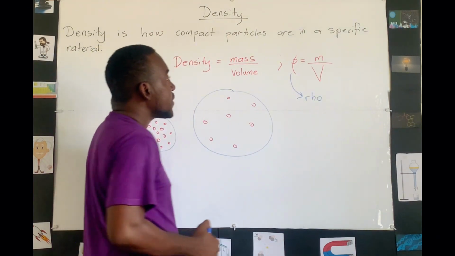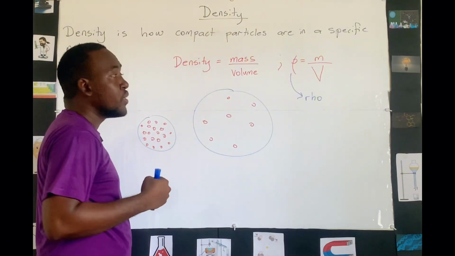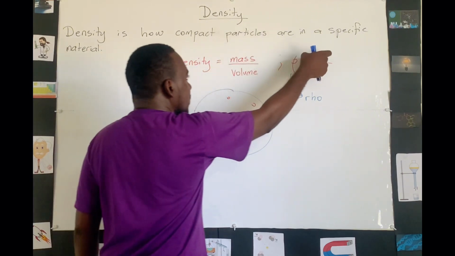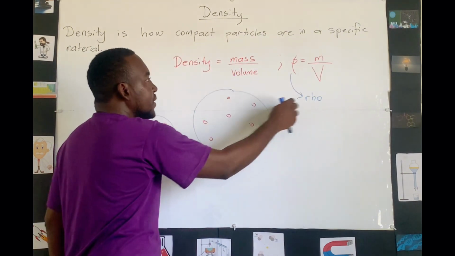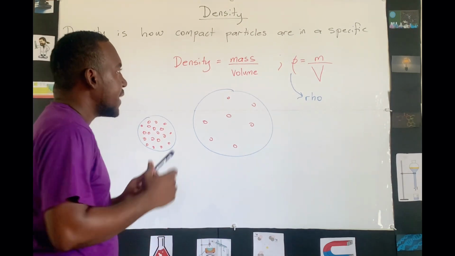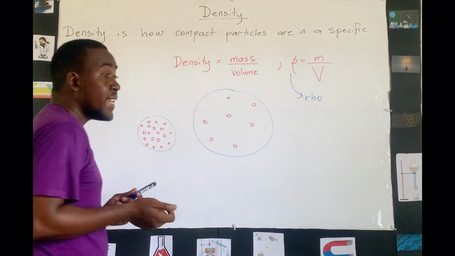And rho is used to represent density, right? So it's a curved P if you want to use that description, and it is mass, which is measured with a symbol of a common M, and volume, which is a symbol of a capital V, right? So that's the formula that we use to represent density.